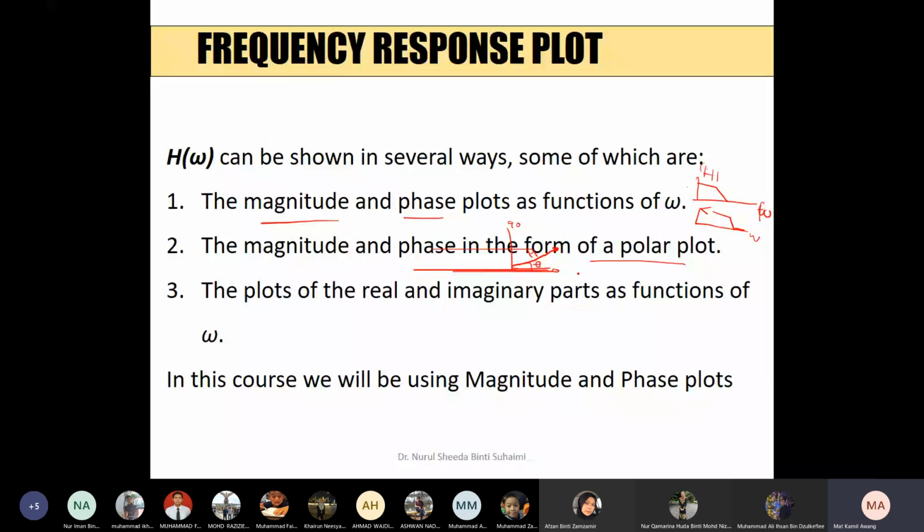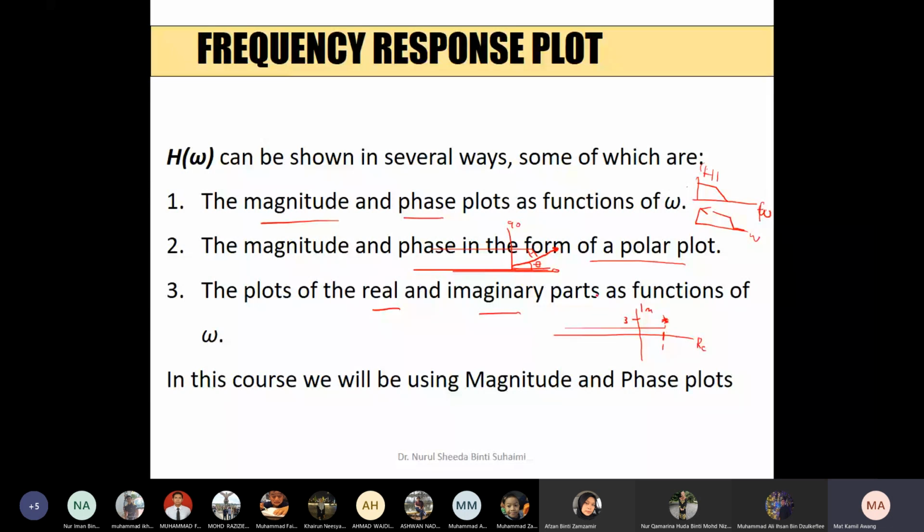So that is magnitude and phase in the form of polar plots. For the plot of real and imaginary as a function of omega, you have this as the real part, and this as the imaginary part. So maybe 1 here, and this is j3, for example, 1 plus j3. So the point is maybe here. So you plot the real and imaginary.